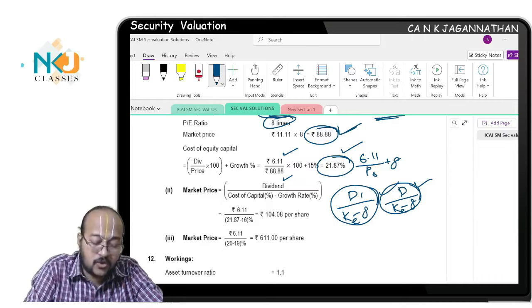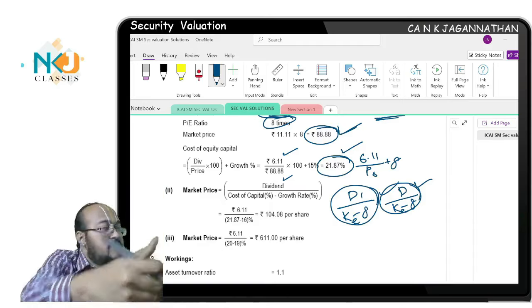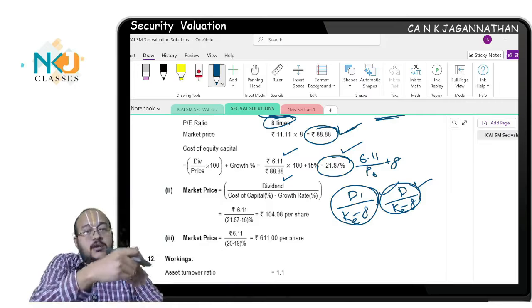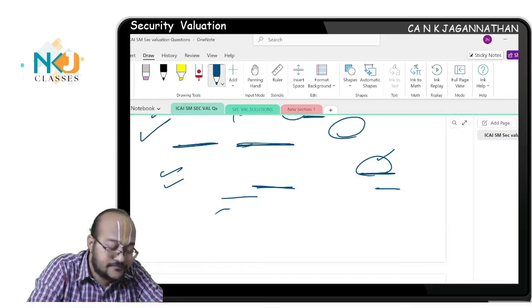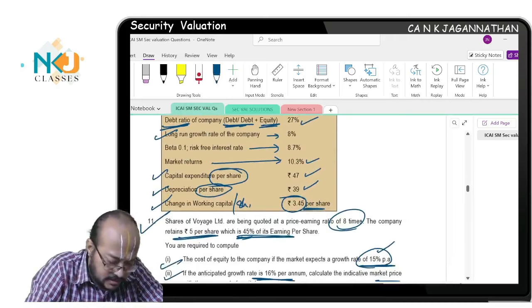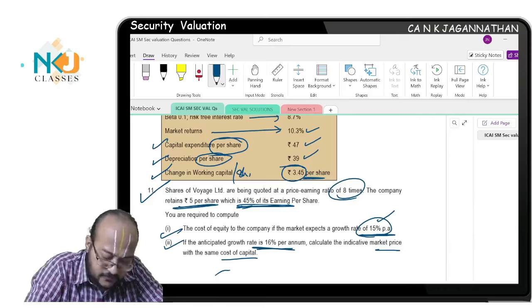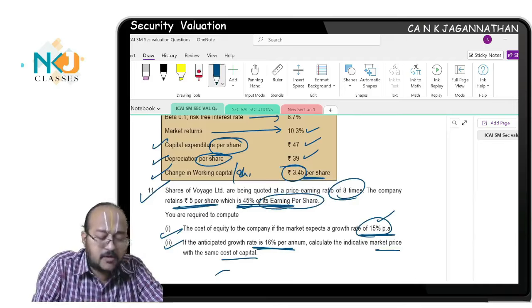You cannot put the numerator simply as dividend. It should be the first year dividend. The starting point should be the first year dividend. It cannot be D0, it should be D1. This question again is ambiguous, because what they are saying is the company retains 5 per share, and this is 40% of its earnings per share, which means they are giving the current data.